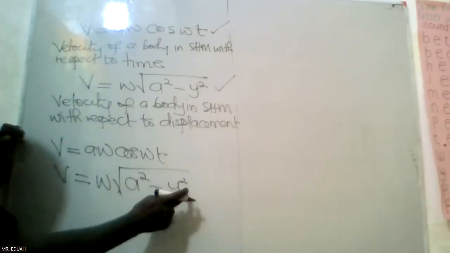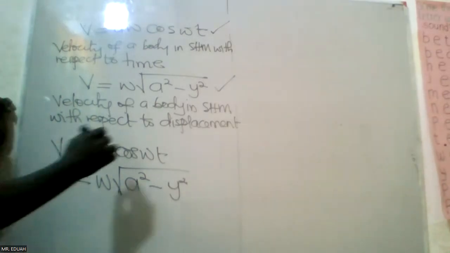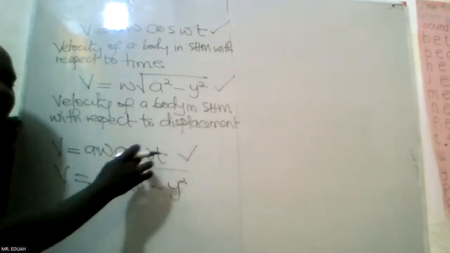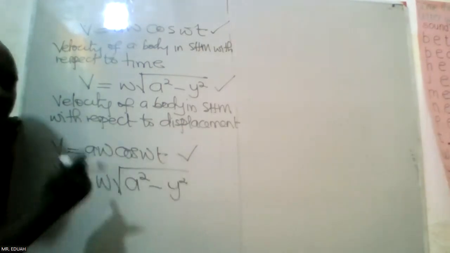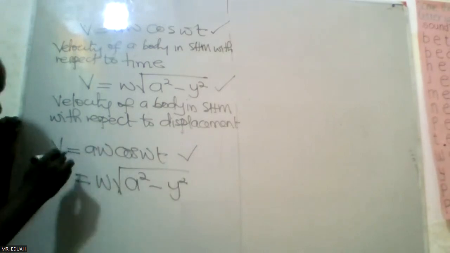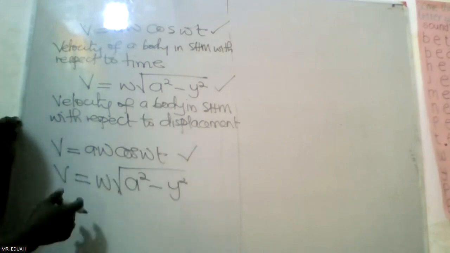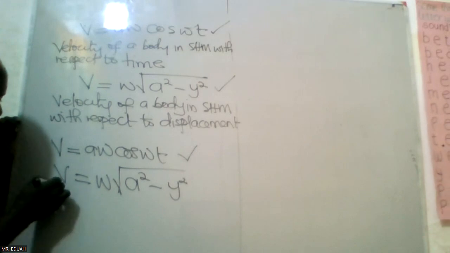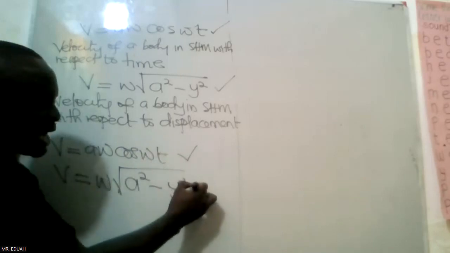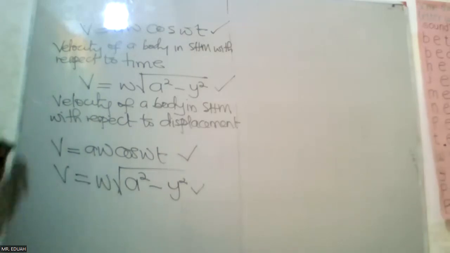So how do we use these? When you are given a period of time, you can use the first to calculate the velocity. When you are given a displacement of so and so, you can use the second. So this is velocity with respect to time, and this is velocity with respect to displacement.